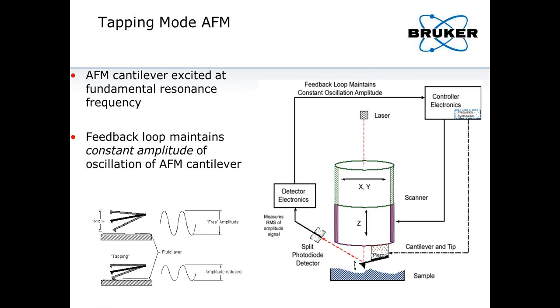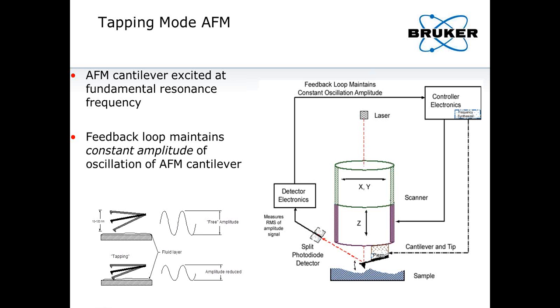The way it works is you have this cantilever, and then you oscillate, you vibrate the cantilever at its resonance frequency. So when it's far away, the oscillation amplitude, which we call free air amplitude, is big.